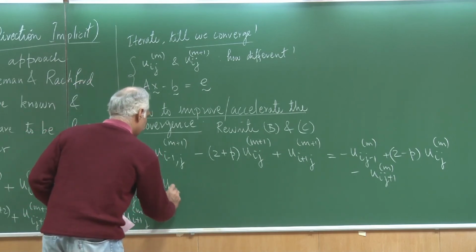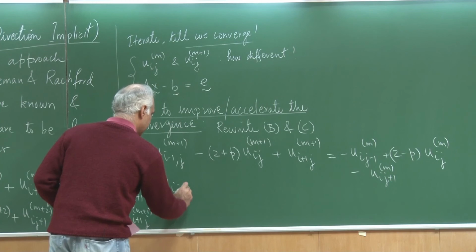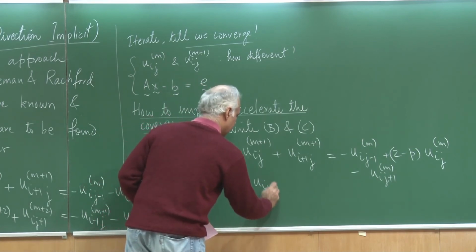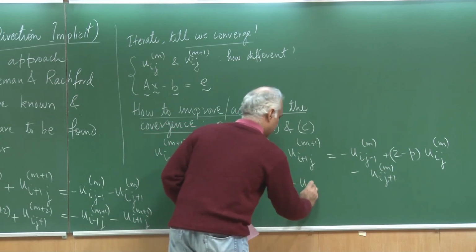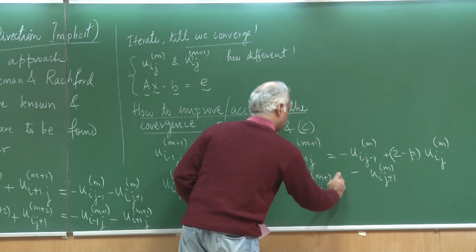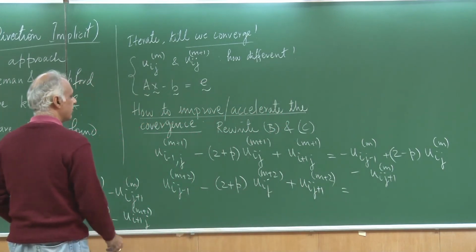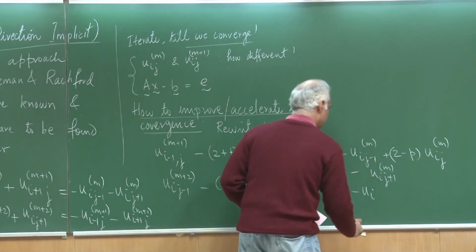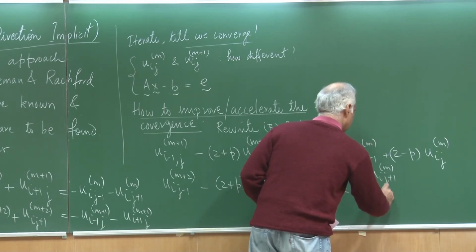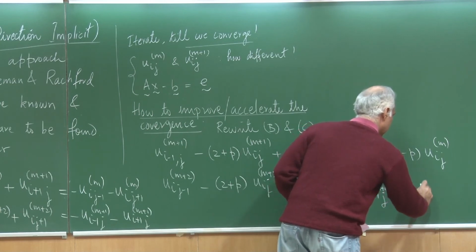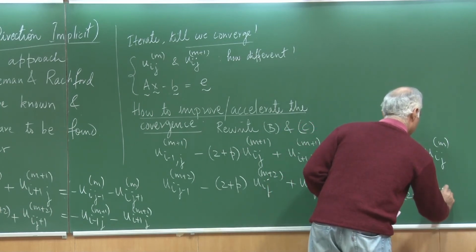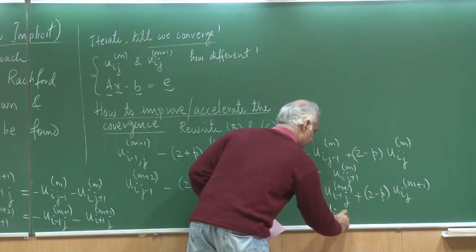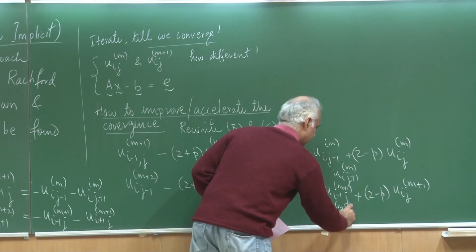Likewise, for the other iteration which is u i, j minus 1 at m plus 2, again I have this, so this is from the equation C which has been modified, and this now becomes minus u i minus 1, j at m plus 1, plus 2 minus p times u i j at m plus 1, minus u i plus 1, j at m plus 1.